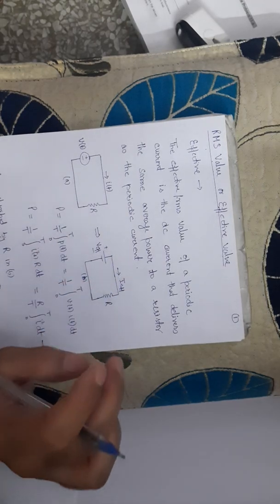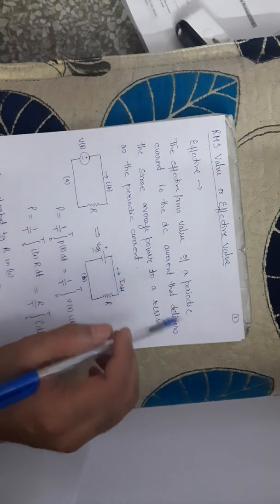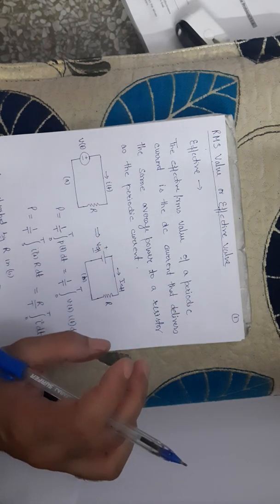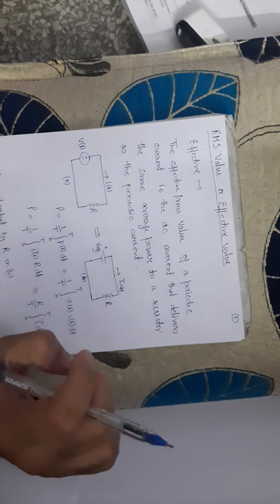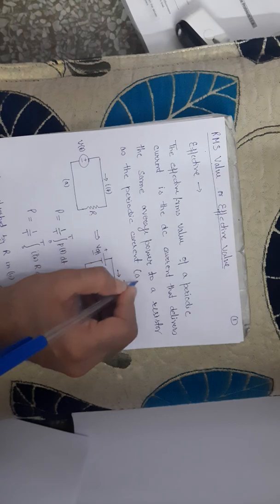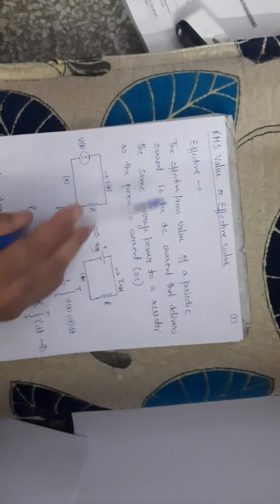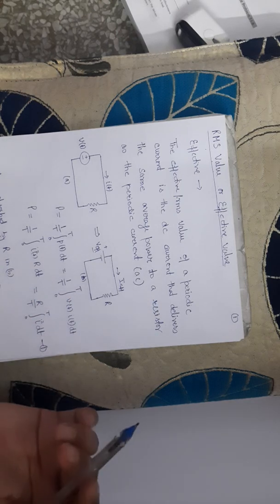We are saying that this RMS or effective value is that DC current which delivers the same power to the resistive load that is provided by a periodic current or AC current. Periodic current means AC.